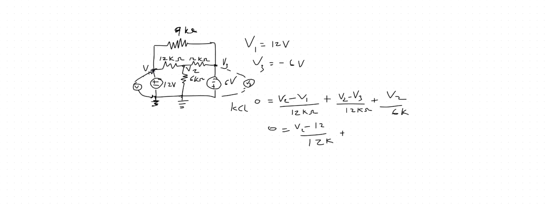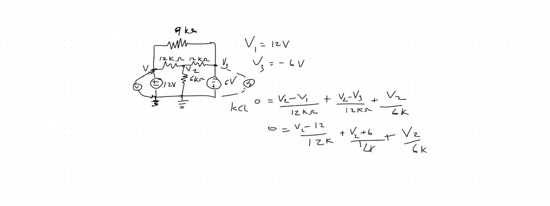That's going to become plus, right? Because minus, minus. Over 12K, plus V2 over 6K.